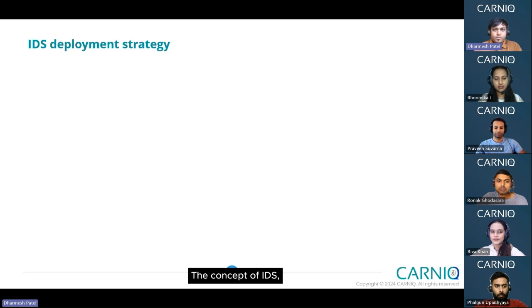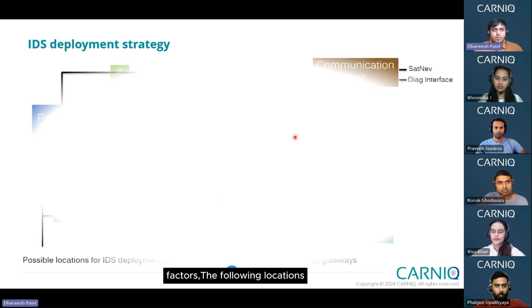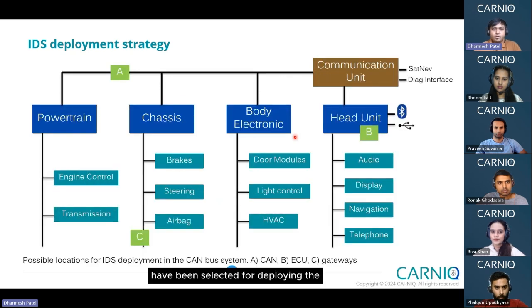The concept of IDS application to the automotive system was first introduced by Hope et al., focusing mostly on the CAN bus network. Based on the common attacks on the CAN bus and identified attack vectors, the following locations have been selected for deploying the IDS on the CAN bus network.